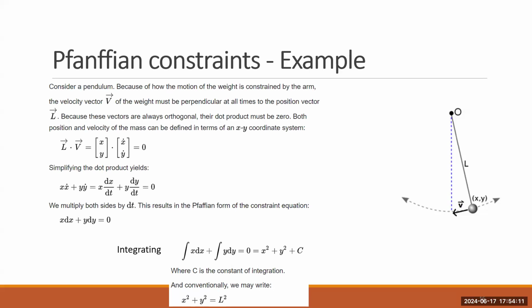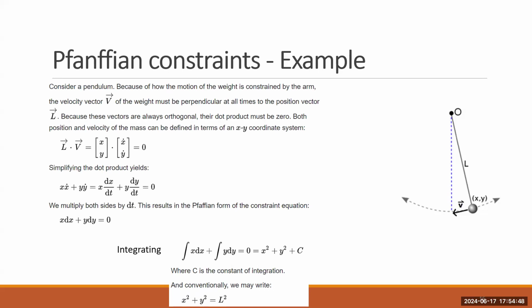And the constraint here is in x and y. Actually, this is the constraint equation: x squared plus y squared equals L. And we can take the derivative of this, which is 2x x dot plus 2y y dot.